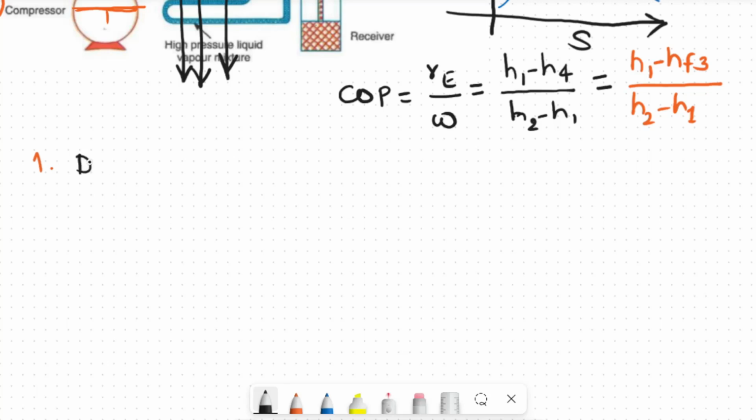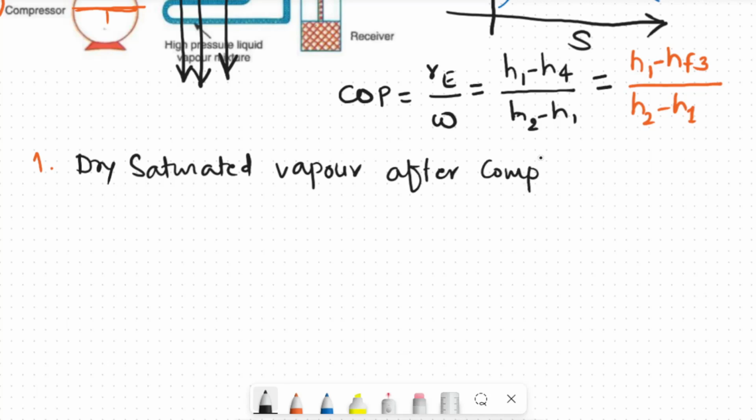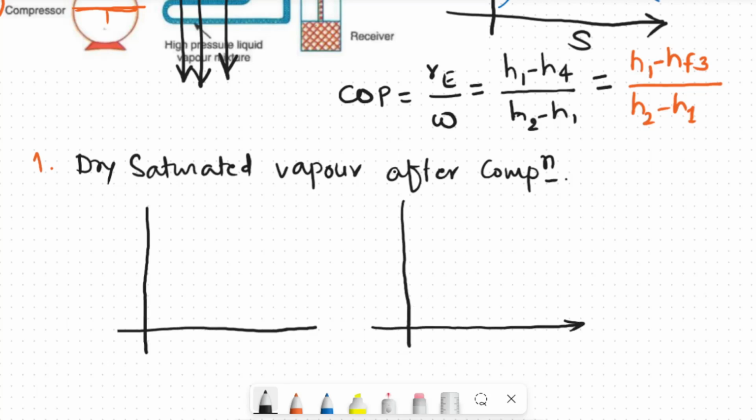So dry saturated vapor after compression. Okay, I'm using short form. So these are all theoretical cycles. Now let us see, the notations I'm using are the same.